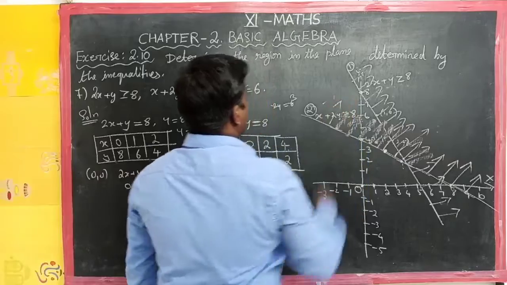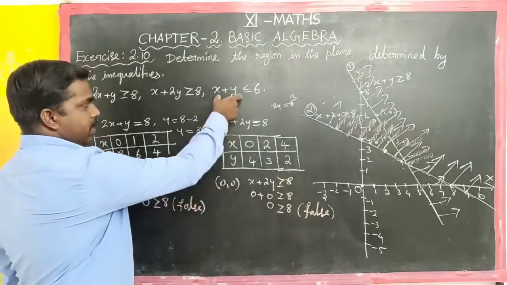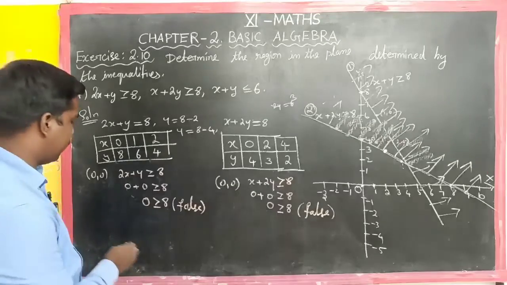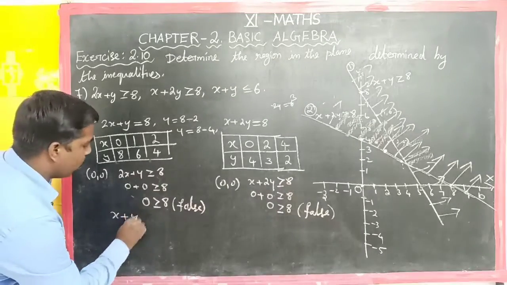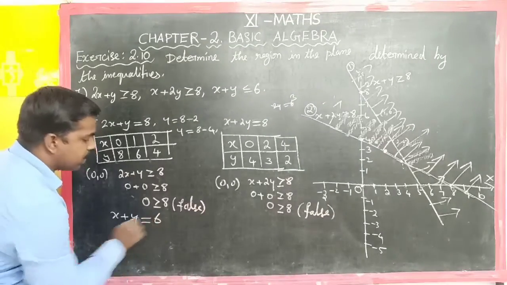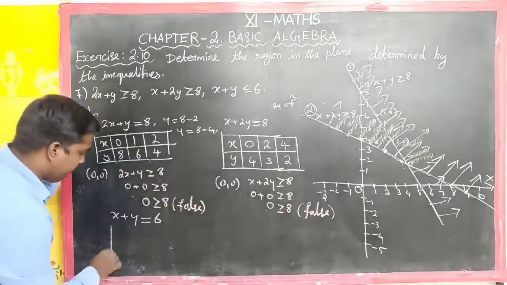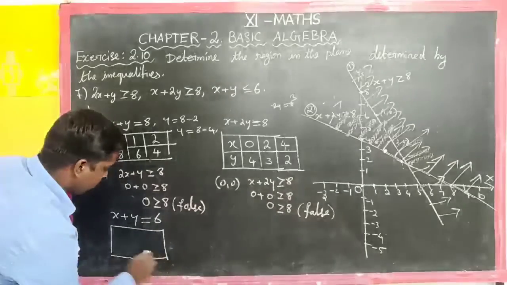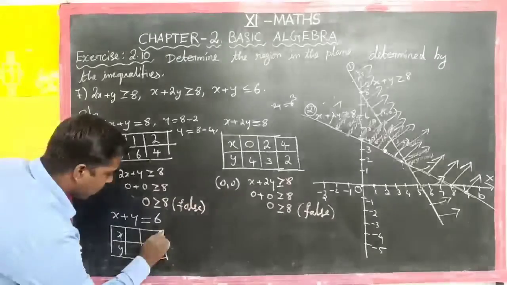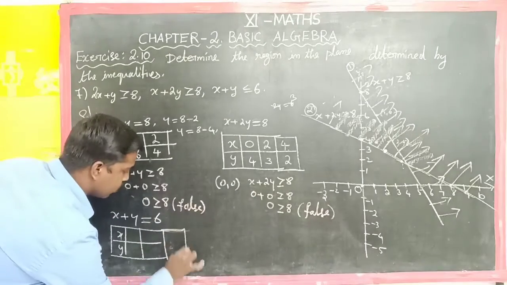Next we have to find the line for the third one. What is the third equation? The third equation is x plus y is less than or equal to 6. I will consider equal to 6 as a straight line. Next I am going to find the points. This is the x axis, y axis. What values can I give to x?